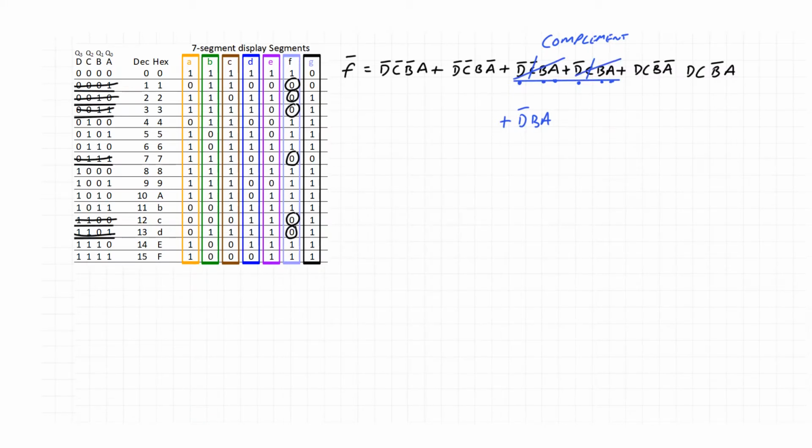So the value of C is redundant from the complement law. Then those two both have DC and not B. So it's the value of A that doesn't matter. So they reduce to DC not B.